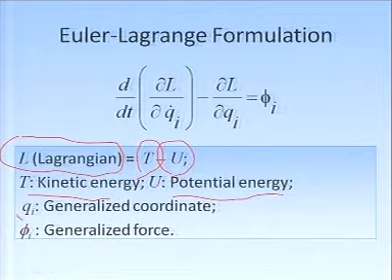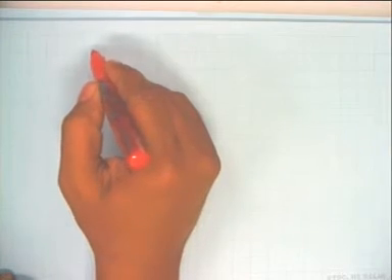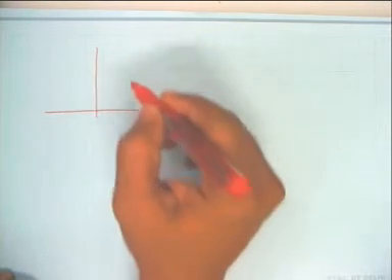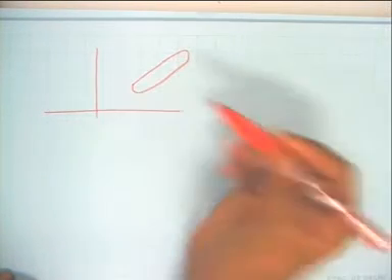qi is called the generalized coordinate, and Φi is called the generalized force. Let me spend some time to explain the meaning of generalized coordinate using these papers. Suppose I have a link of some shape.